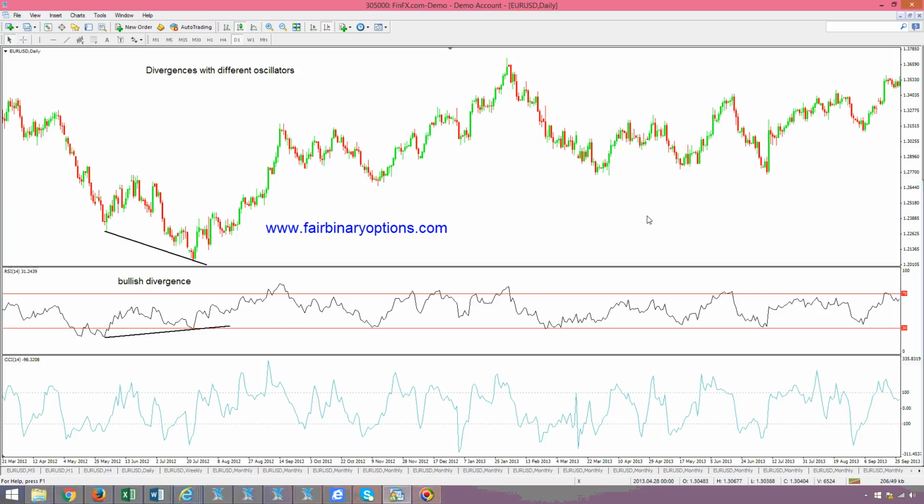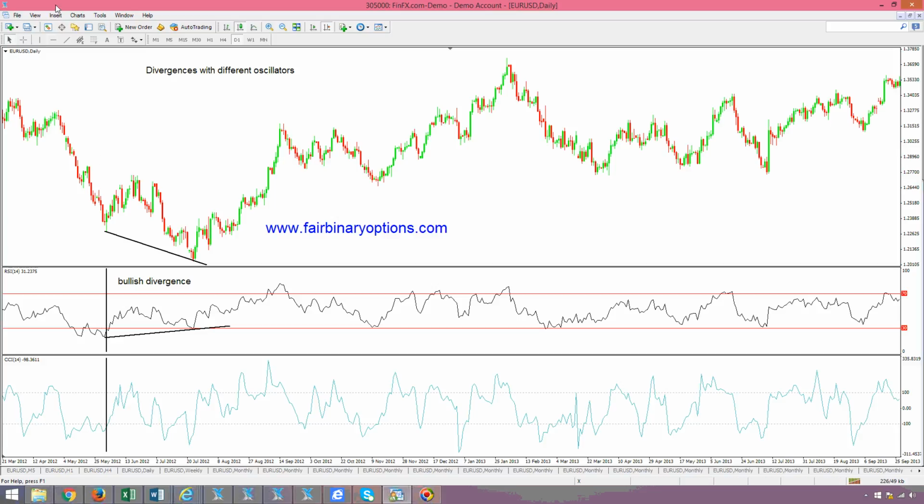Now it is a bit different in construction when compared with the relative strength index, but in theory it should show exactly the same thing. Now let's try to look at price here. So this is where the bullish divergence starts with the RSI, and take a look where the CCI was.